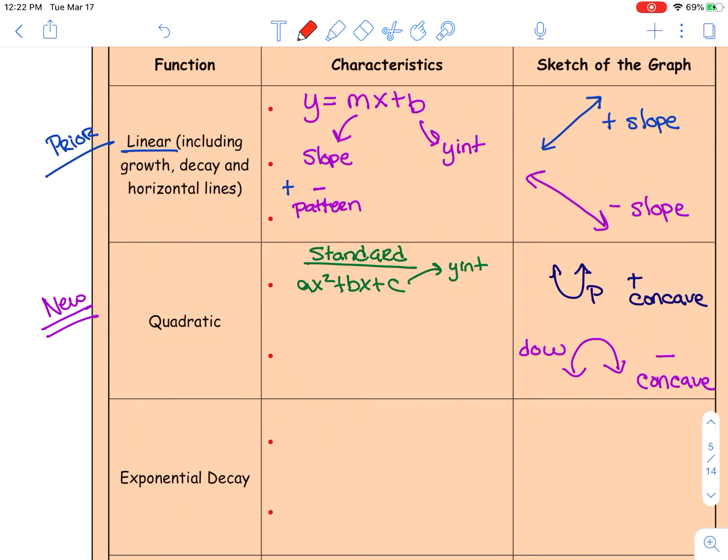And then there's vertex form, which is a times x in parentheses squared, and I write it like this. A lot of teachers write it different though. Opposite x, same y of your vertex, because it's vertex form.